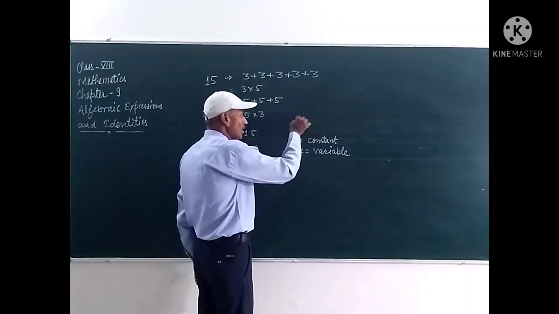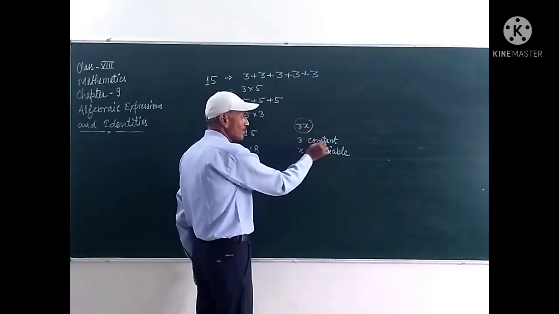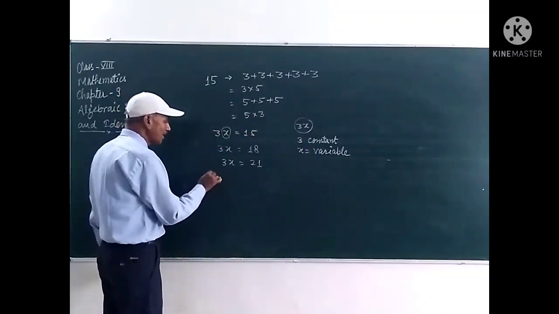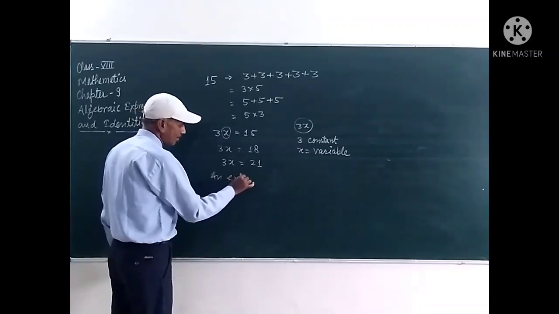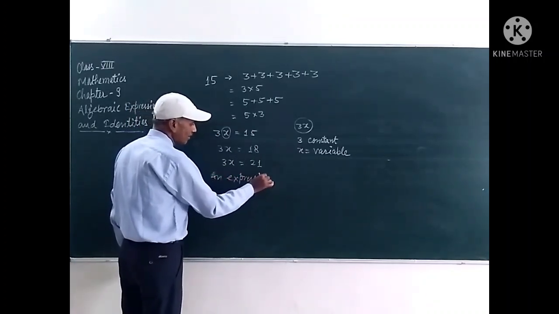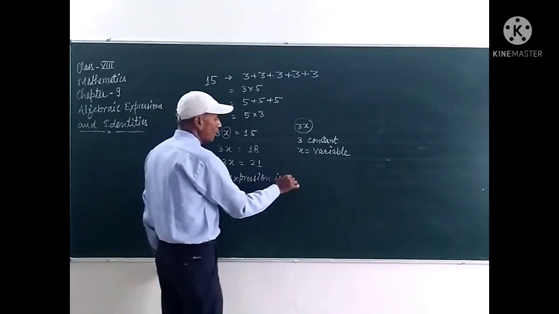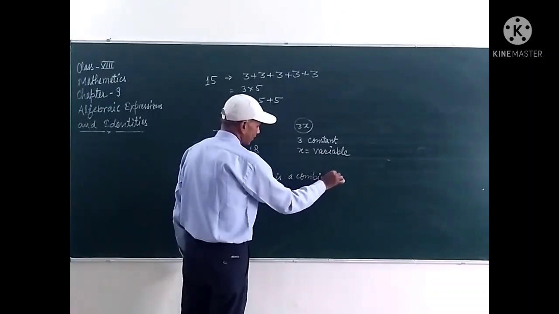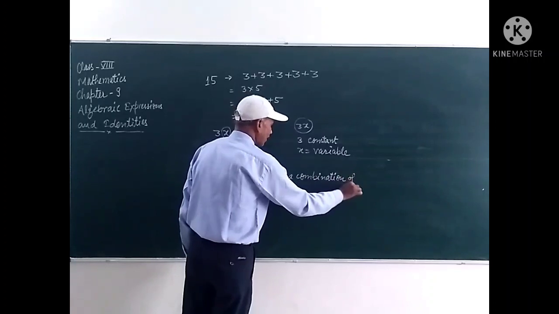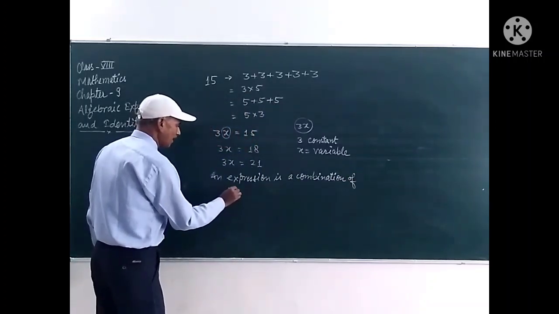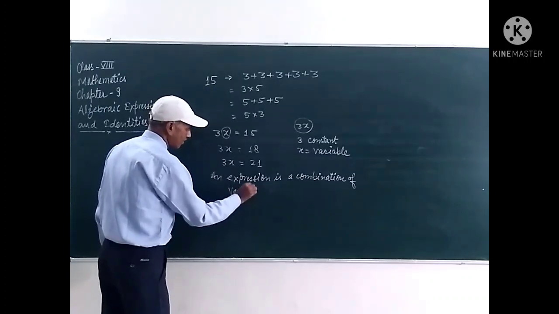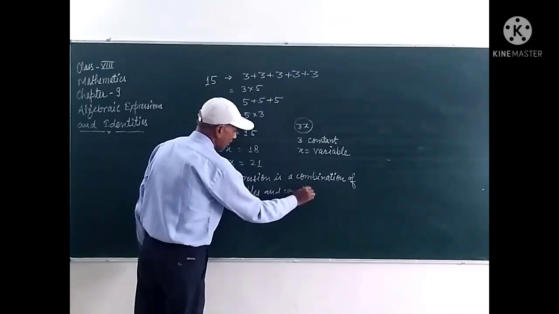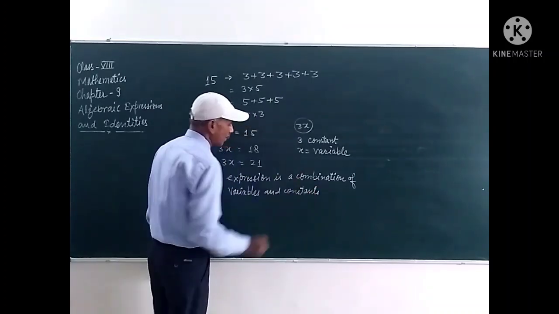In this expression, students, we find that there is a constant and a variable. So what is an expression? An expression is a combination of variables and constants. Clear, students?